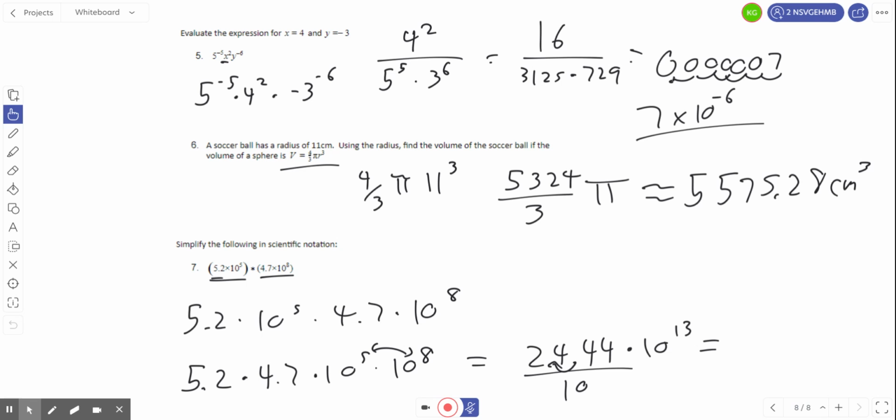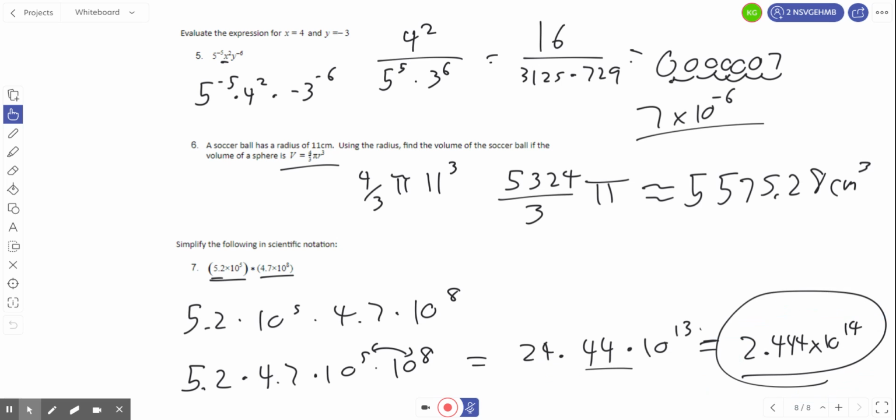So you could say we're dividing by 10, and if we also multiply by 10, then we're not changing our answer, which means we just have to have one more 10 here. So 2.444 times 10 to the 14th is the same as 24.44 times 10 to the 13th. So this is the final correct answer.